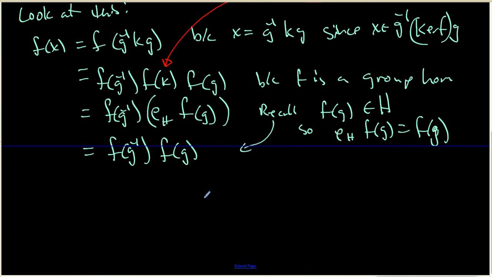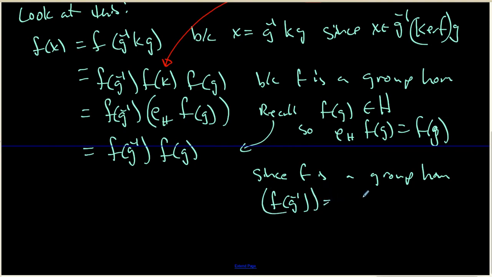But now f is, remember, a group homomorphism. And one of the things that we learned about group homomorphisms in one of the earlier videos is that since f is a group homomorphism, I know that f of an inverse is the inverse of the image.